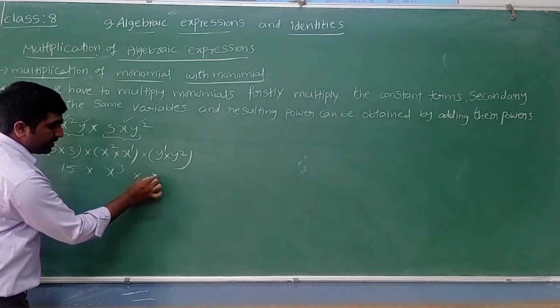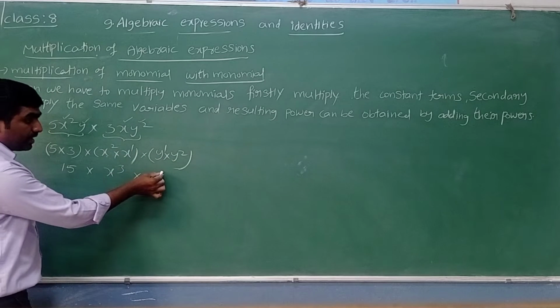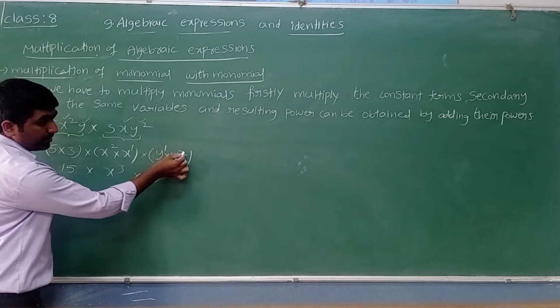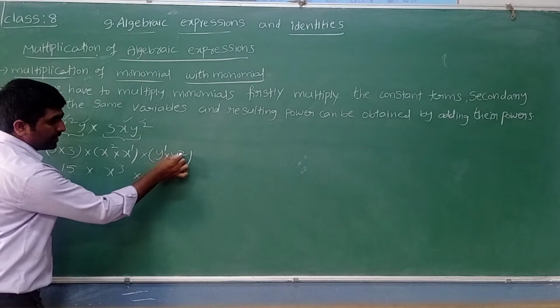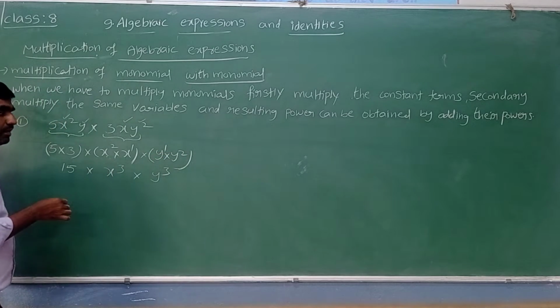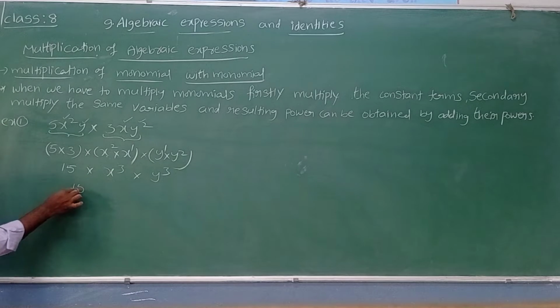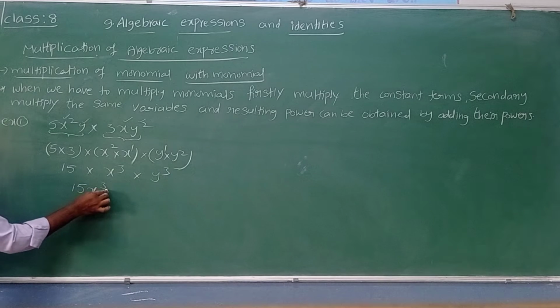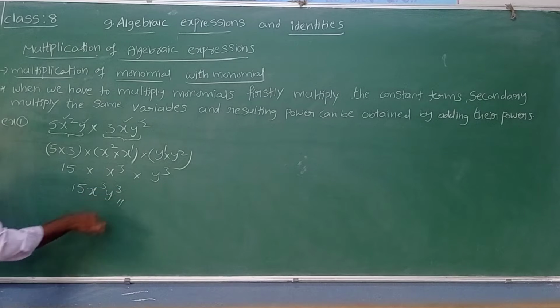The resulting power is obtained by adding their powers. We write the same variable x, and the resulting power is 2 plus 1, 3. For the same variable y, the resulting power is the sum of the powers, 1 plus 2, 3. So we can write 15 x power 3 y power 3. That is the product of these two monomials.